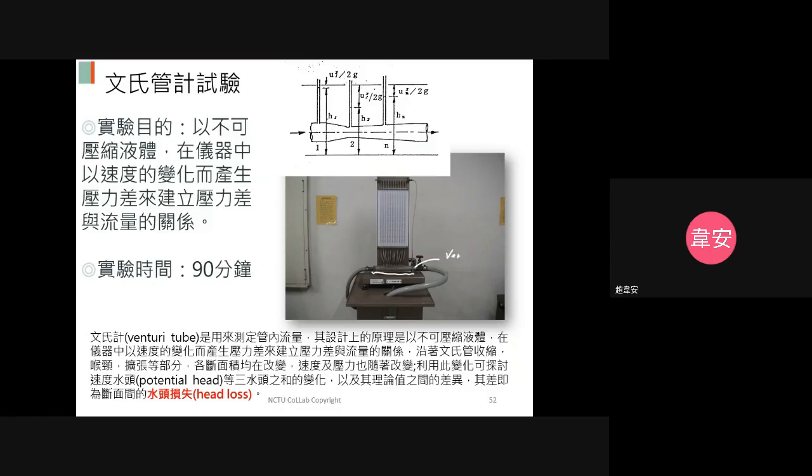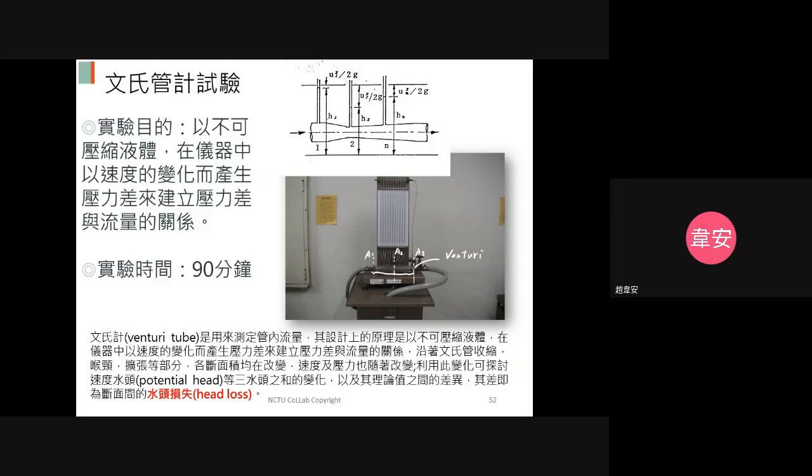Because this is a Venturi, the cross-section area will change along the Venturi. So we exactly know that we have the A1, and maybe there is the A2, and there is the A3.